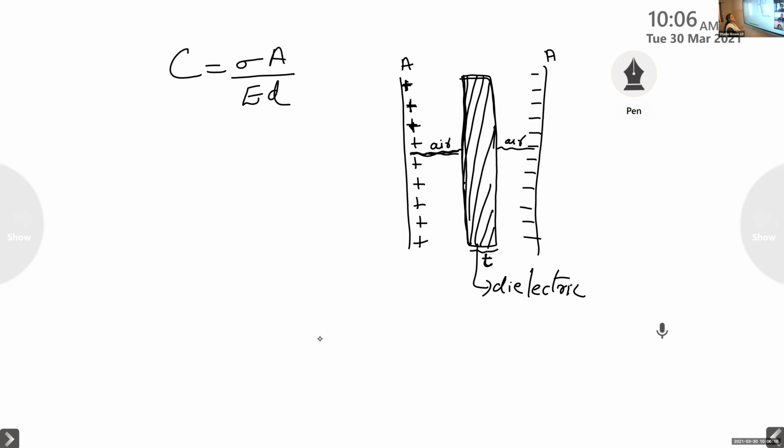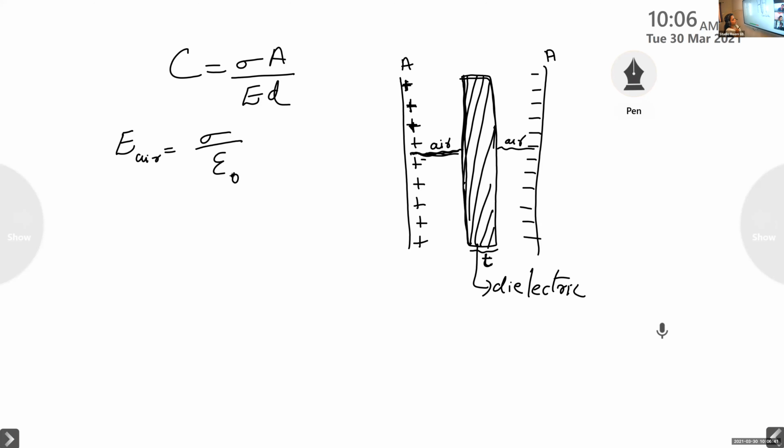So first of all, we can consider the electric field due to air. Okay. Here this electric field due to air is given by, what is the equation for electric field? Yes, sigma by epsilon 0, right?